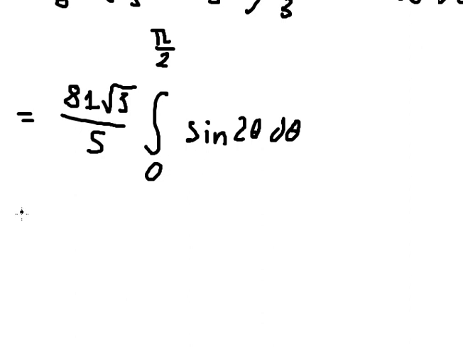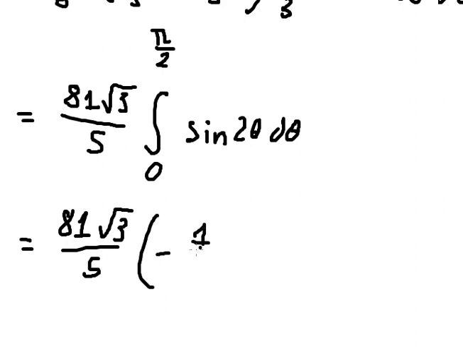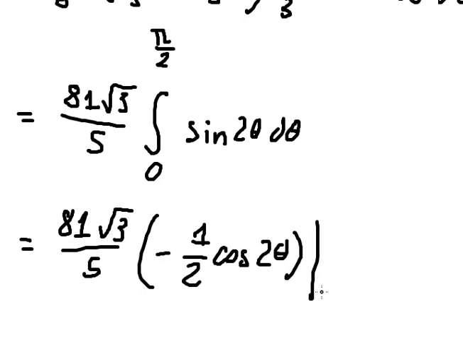The integration of this one, we have negative 1 over 2, and we have cosine 2 theta, and we put the bounds from 0 to pi over 2.